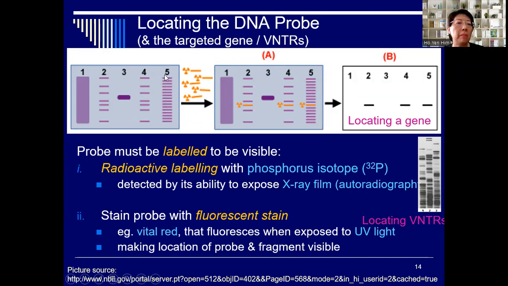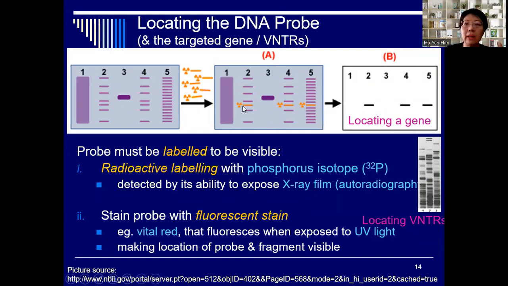So this is the result of gel electrophoresis. Then the radioactively labeled DNA probe is placed into the gel. The probe will exist in the form of a solution. So in the solution, we've got this DNA probe. We will immerse the entire gel into this solution and then mix the solution gently to allow the probe to bind to the relevant DNA fragment.